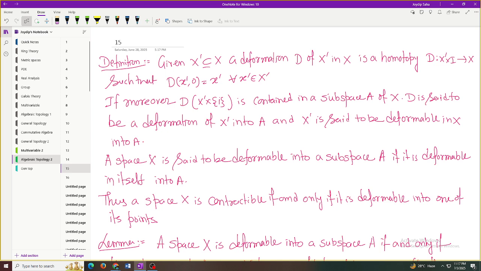Oyon, Shomallo, there are supposed to be a ton of people in this class. Today I am teaching deformation retract. I don't know what is going on in this class. I don't know. Okay.